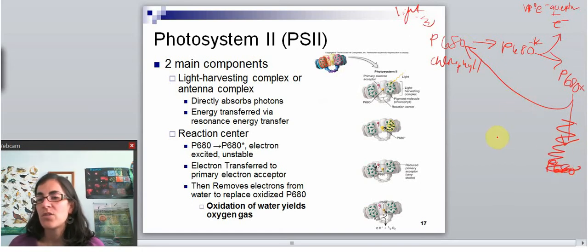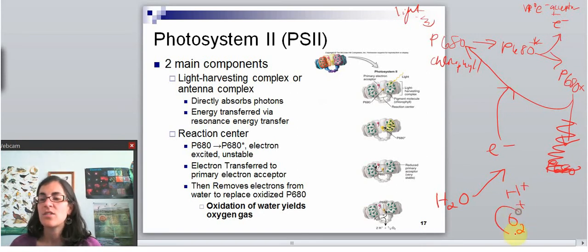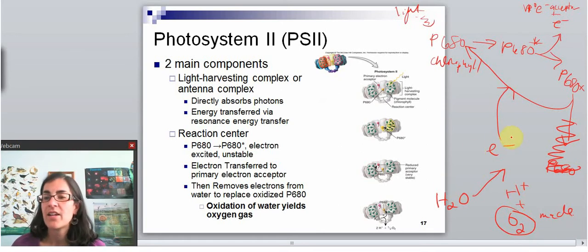In order to get back to its original state, it has to gain an electron. This electron is taken away. It's gone now. So a new electron has to come from somewhere else, and this is where water is going to have to be used. So water is going to be broken down to release electrons. That also releases hydrogen ions and oxygen gas. So this is where the oxygen gas is made. But the reason why it's made is to provide electrons to fill the electron hole in P680.